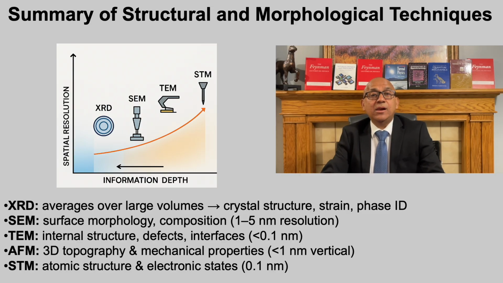To summarize, each characterization technique probes materials through a distinct physical interaction, whether using X-rays, electrons, photons, or atomic forces. XRD reveals average atomic order, phase, and strain, ideal for identifying crystal structure and orientation, but offers no local morphology.